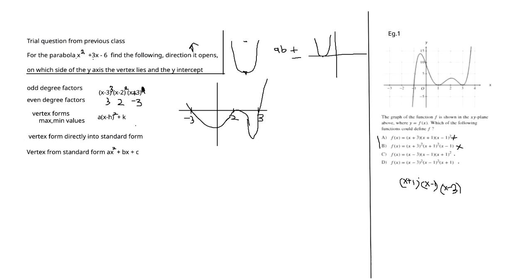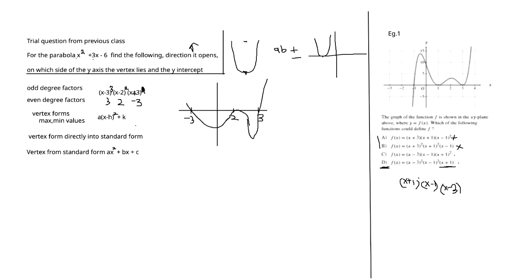So your x plus 1 should have an odd power. Now let's check which of them has x plus 1 with an odd power. You see x plus 1 here with an odd power for D and an even power here. So it means our D is the answer. You don't have to go further to know that D is your answer.